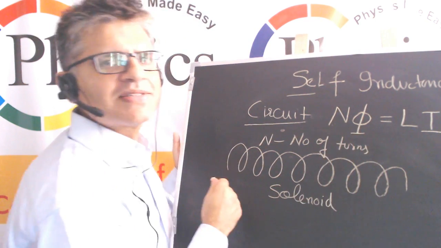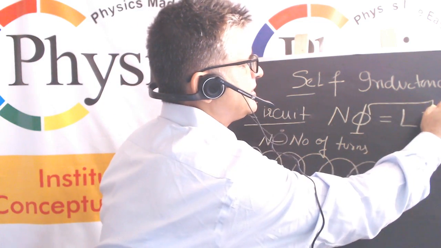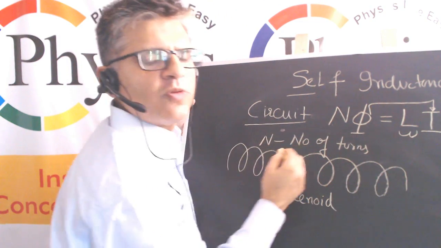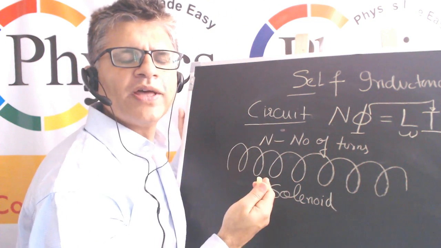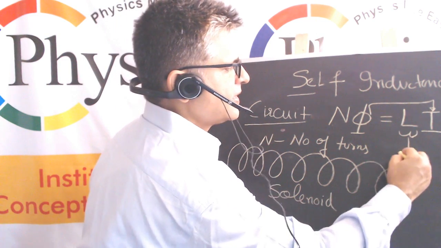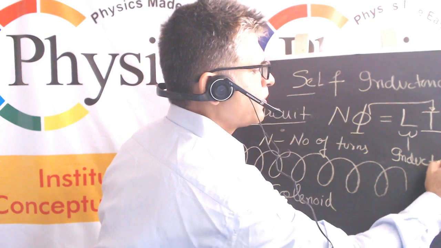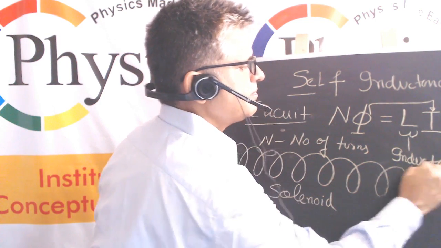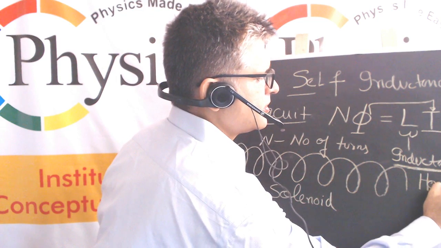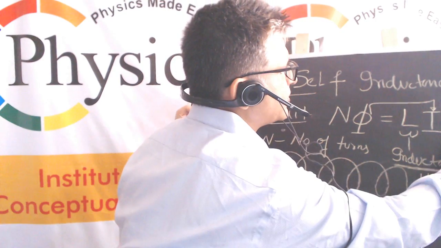The flux phi is generated by this current I, and L is a constant of proportionality, and it's basically a geometrical concept. This is the inductance, and it's expressed in henries.